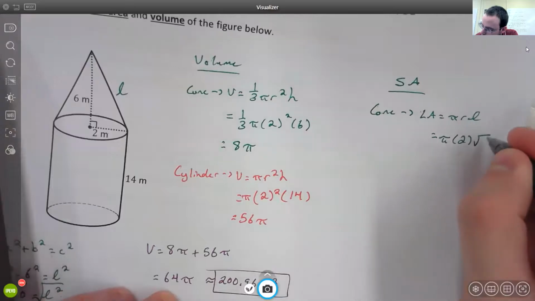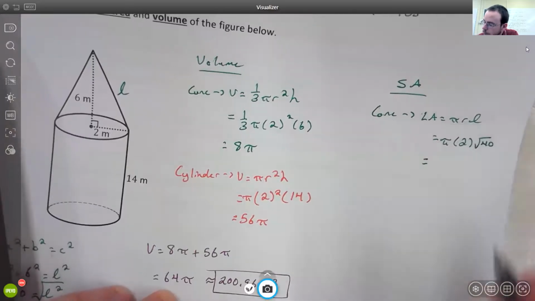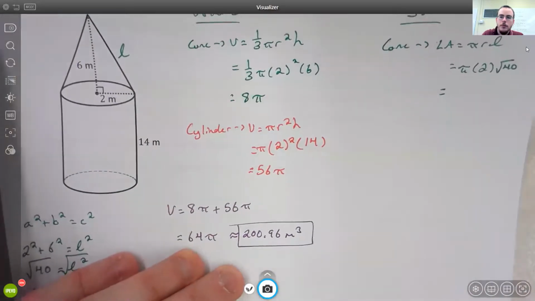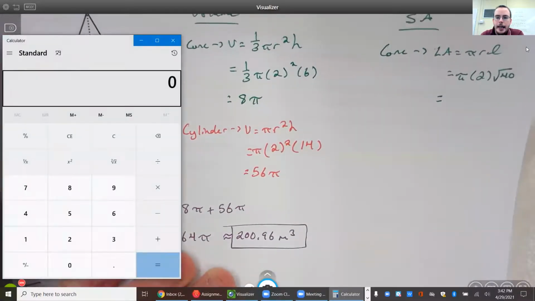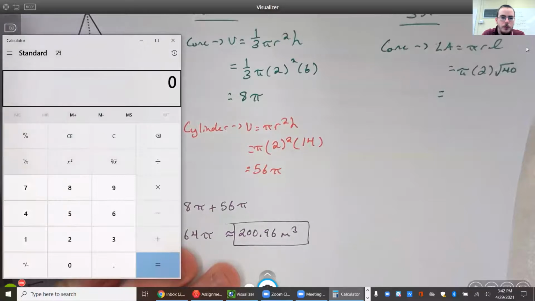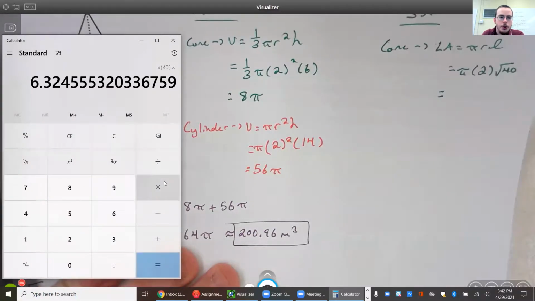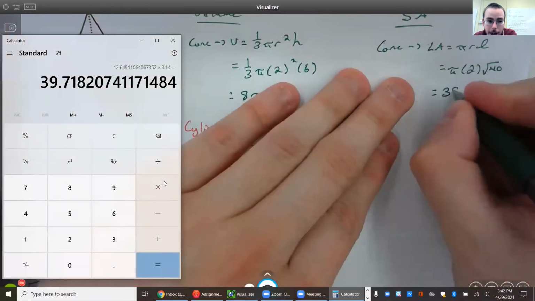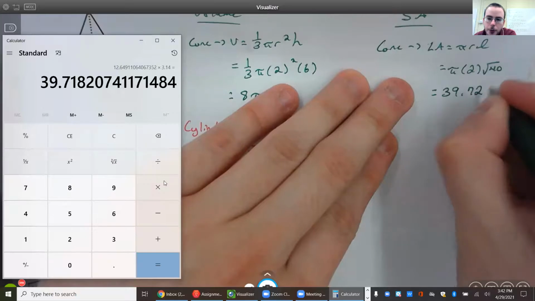So square root of 40. And we get that the cone has a lateral area equal to the square root of 40 times 2 times 3.14, which is approximately 39.72.